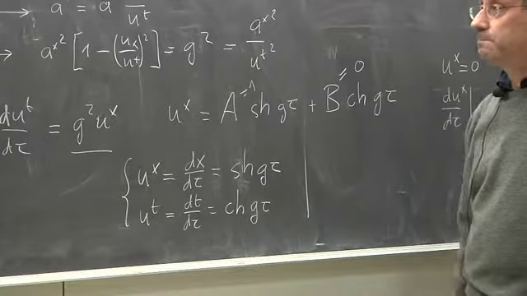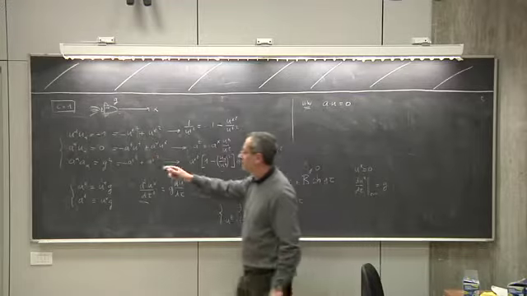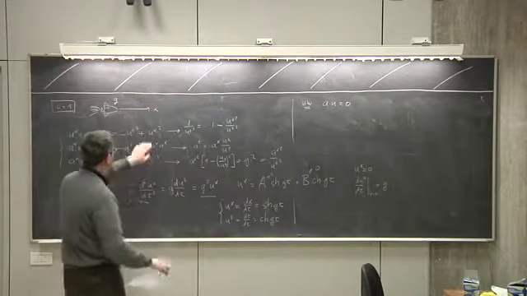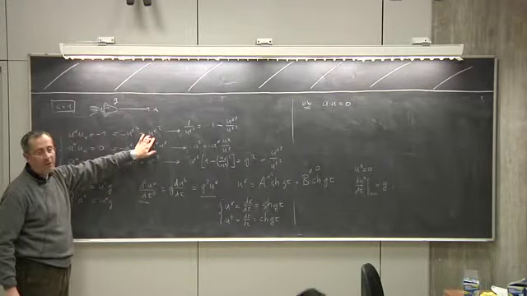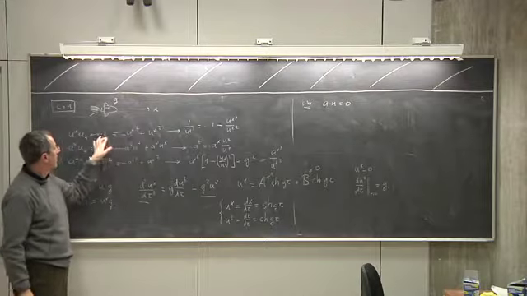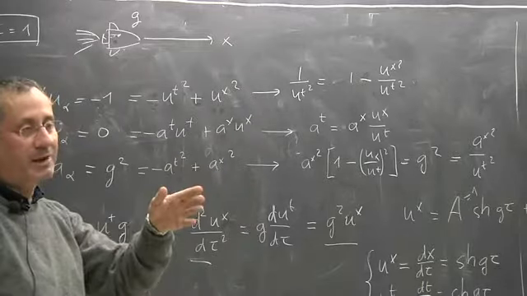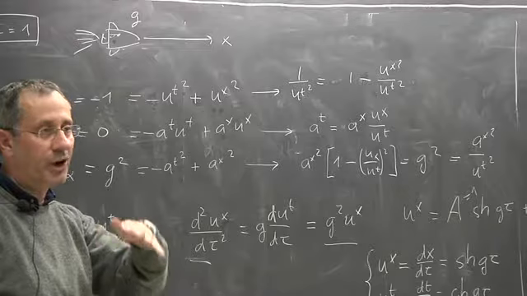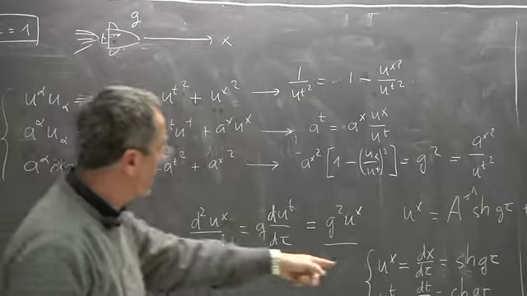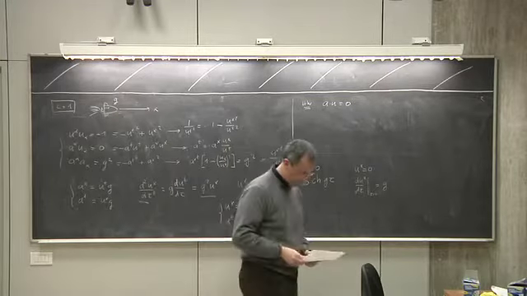Do you see that? Because of this, right? If this is the hyperbolic sine, you see that the hyperbolic cosine squared minus the hyperbolic sine squared is equal to 1. So from there you get the other.